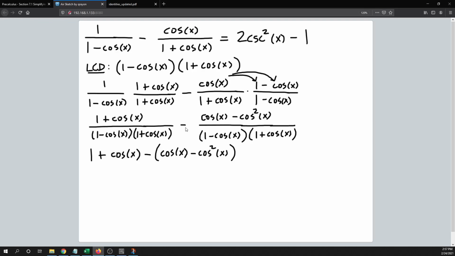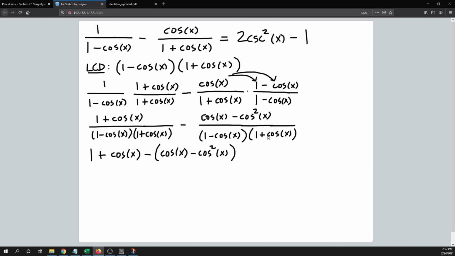That's because it is important to remember that this negative sign must be distributed to each one of these two terms. Okay? That is a common mistake that people forget to distribute it. So most often they get it right with the first term, and then if there are multiple terms after that, they get that wrong. You must remember that this negative sign has to be distributed to all of the terms on the top.